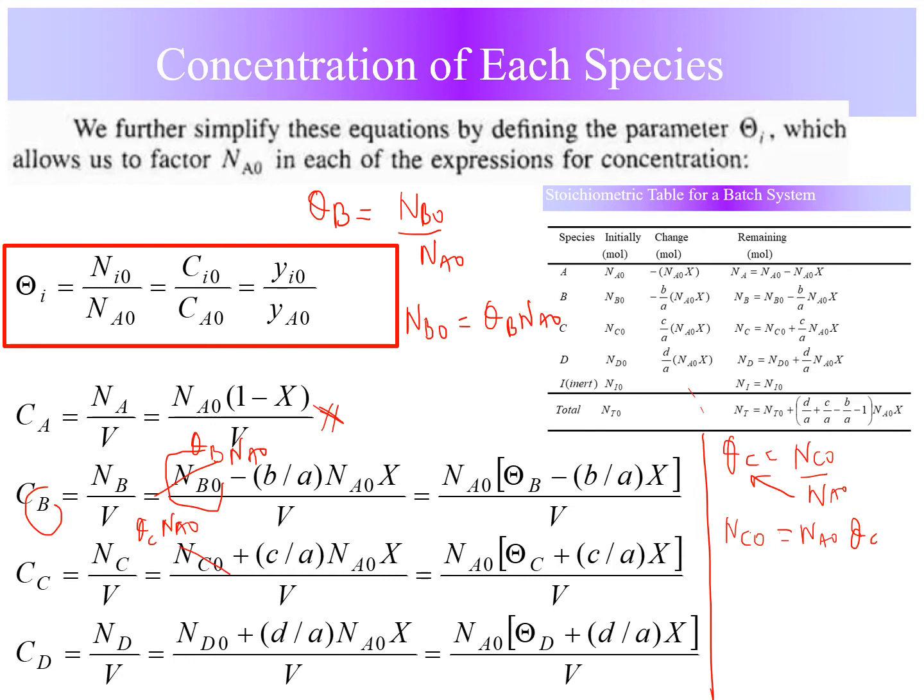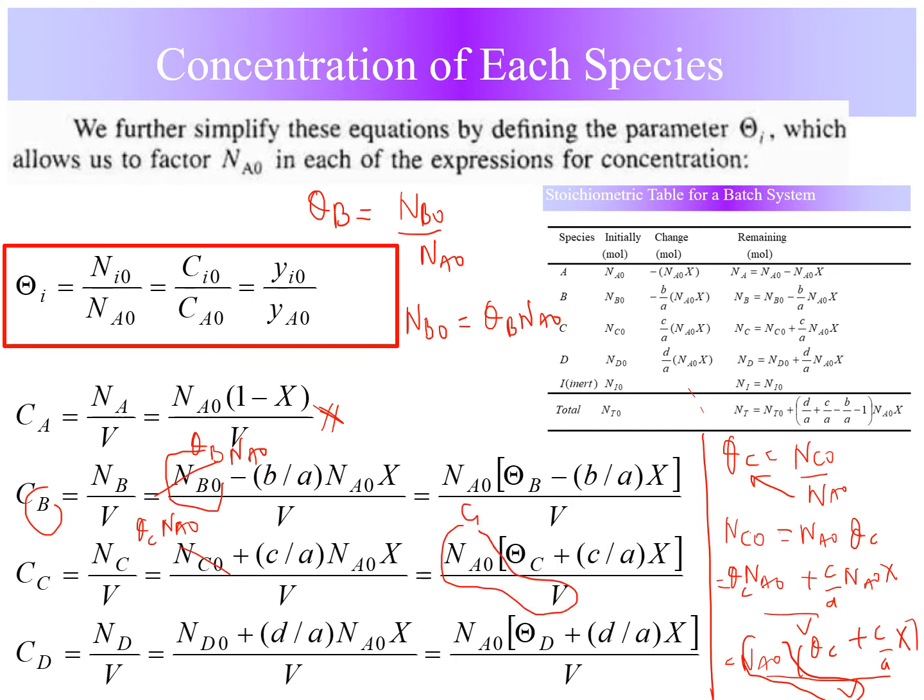This equation becomes a new equation: NA naught times theta C plus C over A NA naught X over V. You just put NA naught on one side, and then we have theta C plus C over A times X over V. That's why this one will become CA naught; we want to standardize.